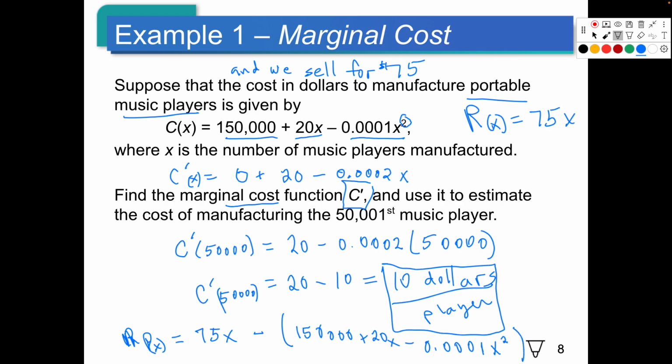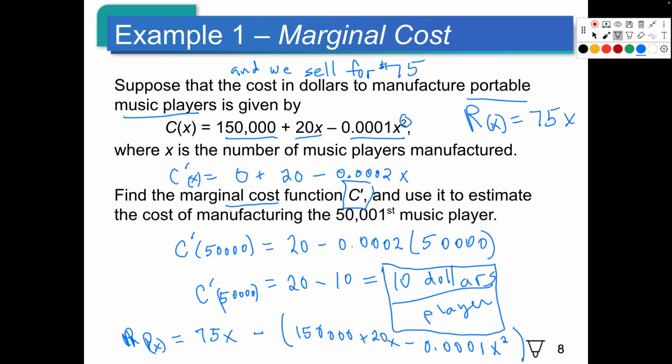And notice I put parentheses around that because this negative sign has to distribute to each of these three terms. And then I can combine like terms, because I've got a 20x and I've got a 75x. This becomes minus, so the 20 gets subtracted, so it's 55x.